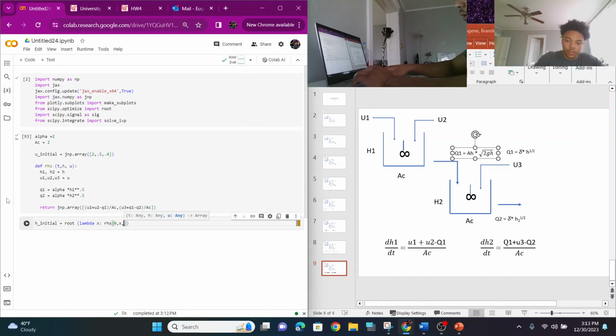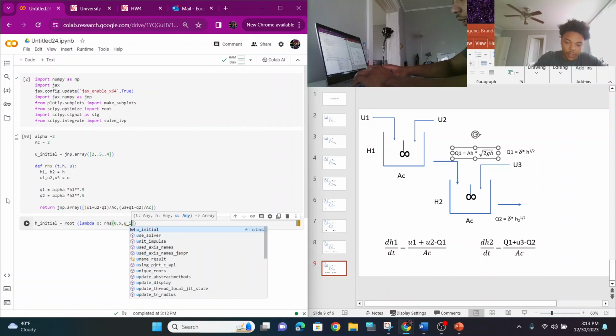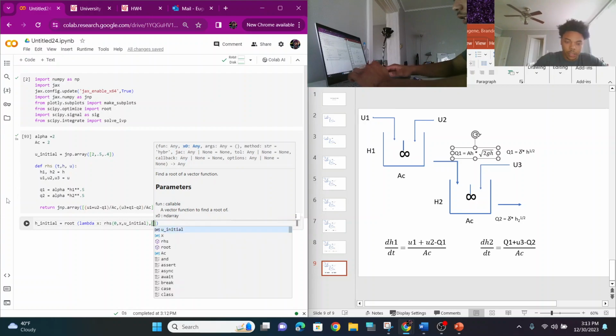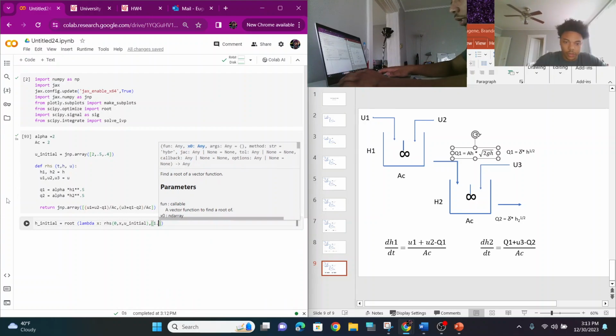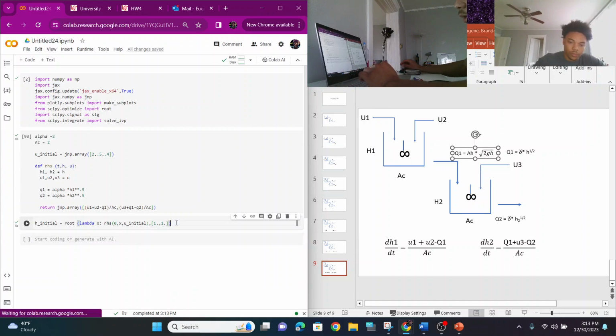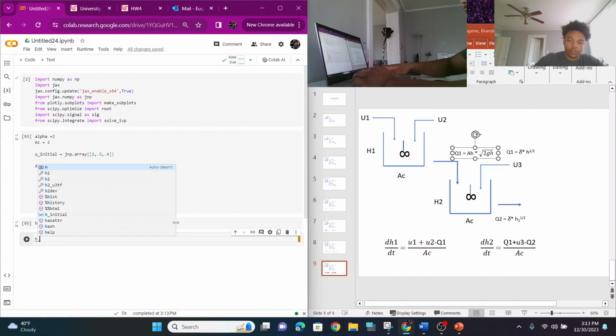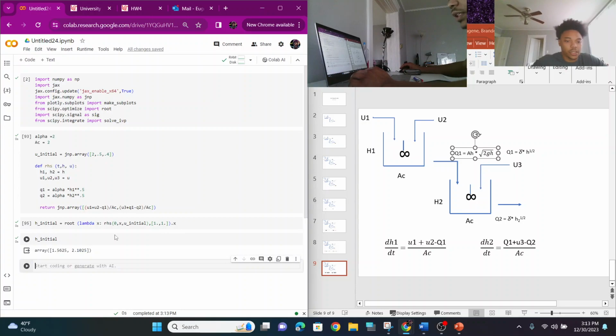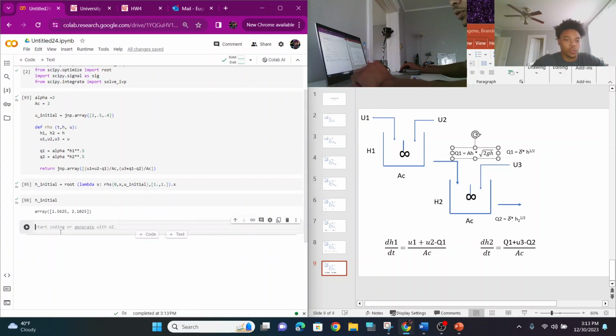And for our initial height, we need our initial flow rates going in. And now we need a set of parameters, so initial guesses basically. And we specifically want the x value, and so our h_i, our initial heights for each tank, is equal to 1.5 and 2.1 for each one.